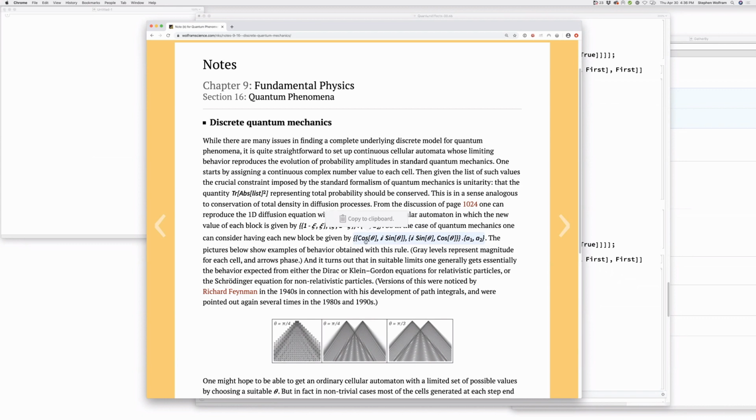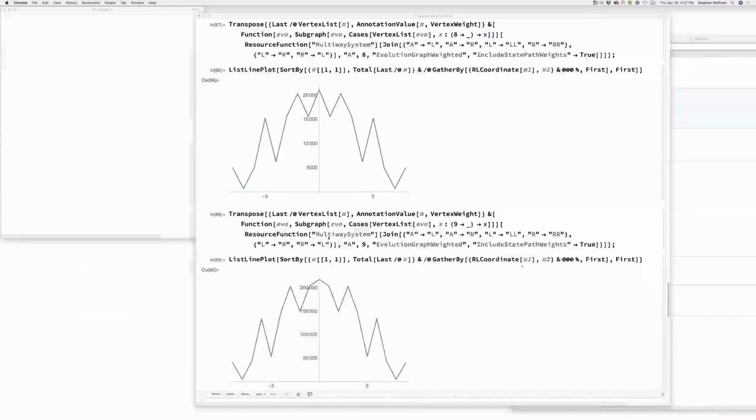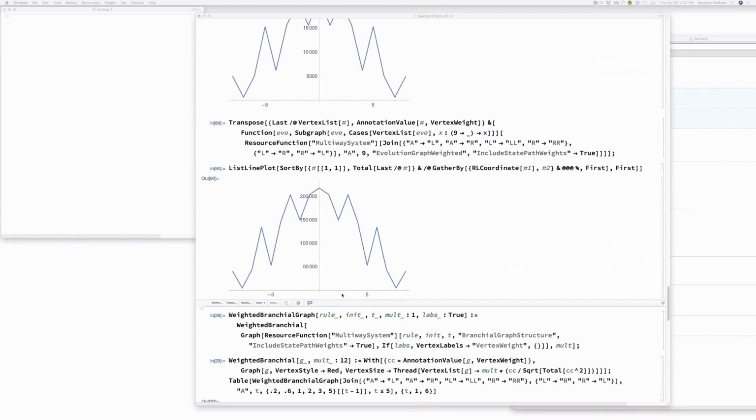I mean, that's basically just taking a complex phase. Okay, well, anyway. All right, so question mark, any relation to quantum random walks?